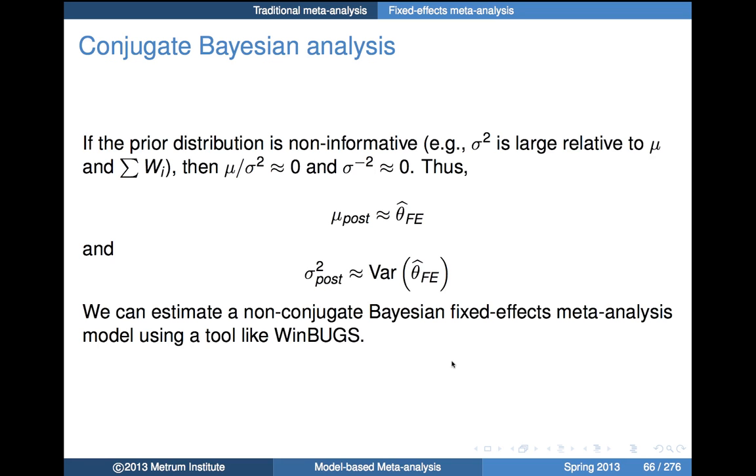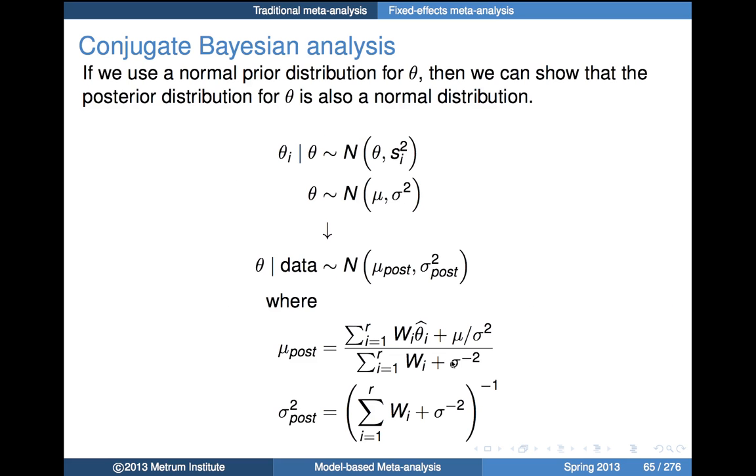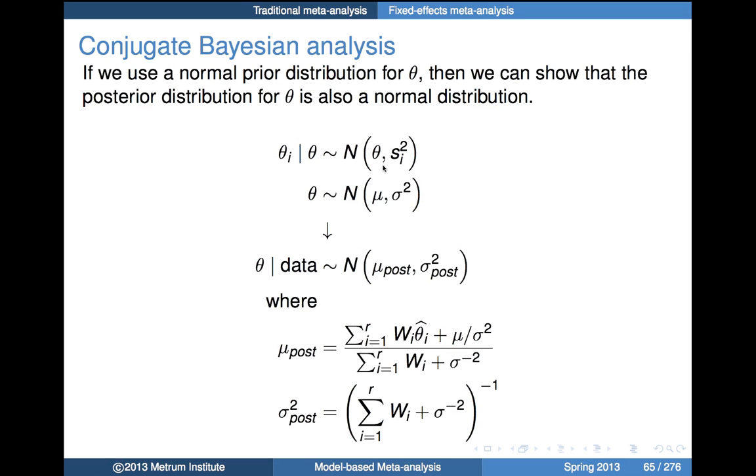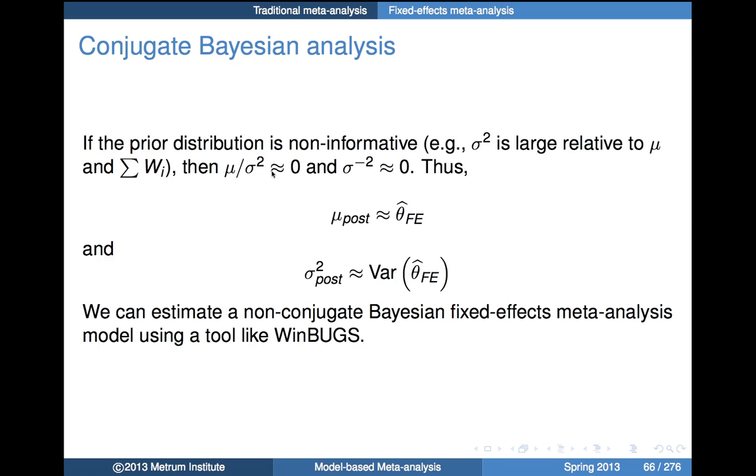If we are doing a Bayesian analysis with a relatively non-informative prior, by which I mean that sigma squared is very large relative to both mu and the sum of the weights, the sum of the 1 over s_i squareds, we can show pretty easily that the Bayesian analysis is going to be very closely approximated by the simple fixed effects classical analysis.